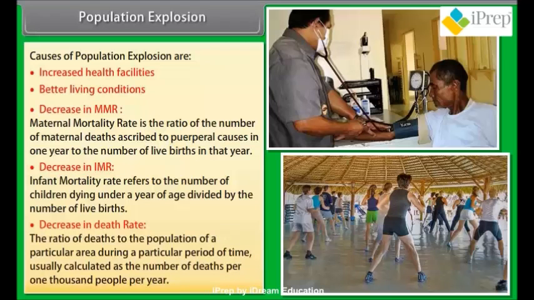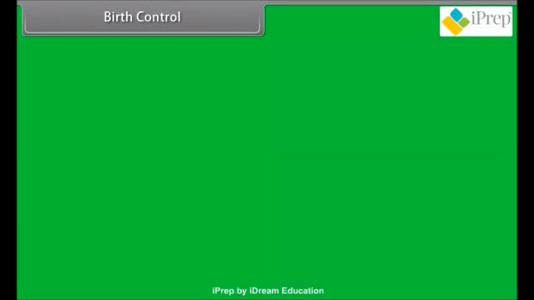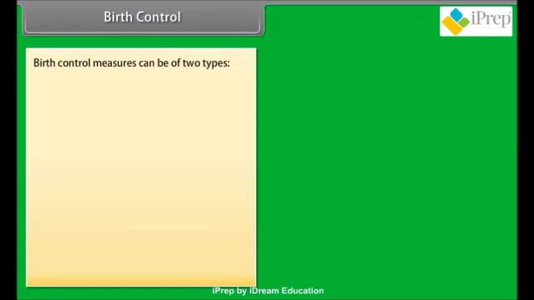Decrease in death rate. The ratio of deaths to the population of a particular area during a particular period of time, usually calculated as the number of deaths per 1,000 people per year. Birth control. Birth control measures can be of two types. Natural birth control methods.